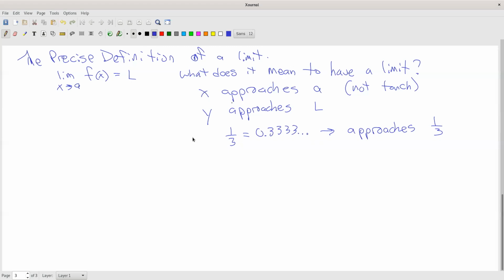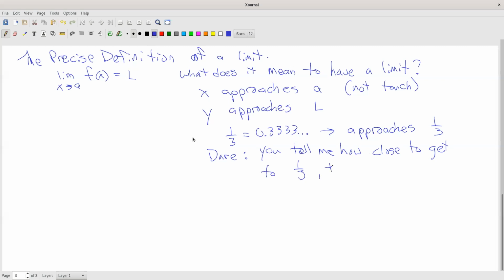And the idea is this limit is kind of a dare. The dare goes, you tell me how close to get to 1/3, or whatever limit I'm approaching.